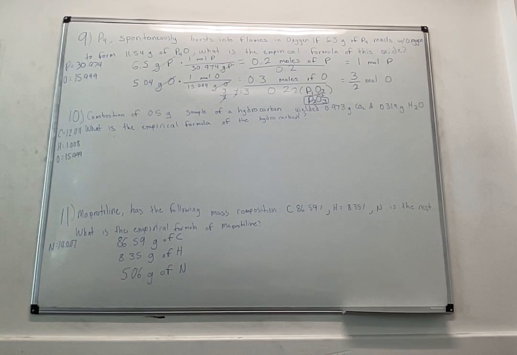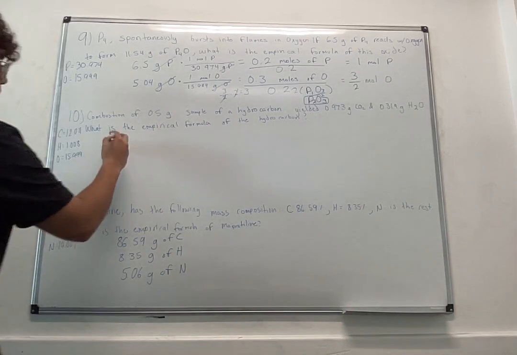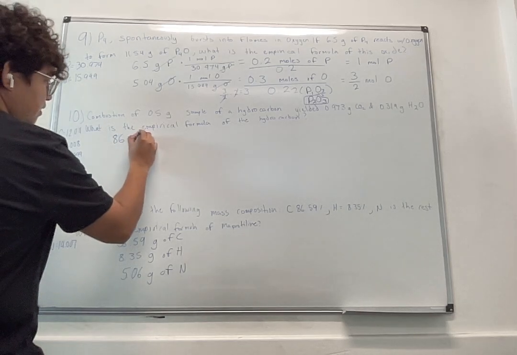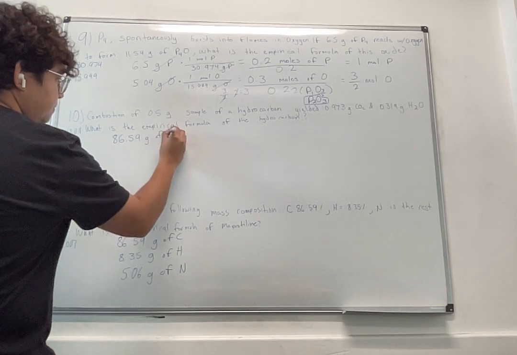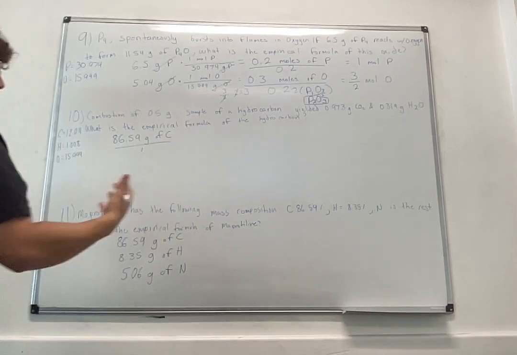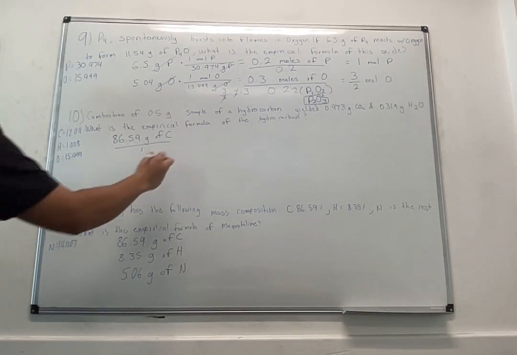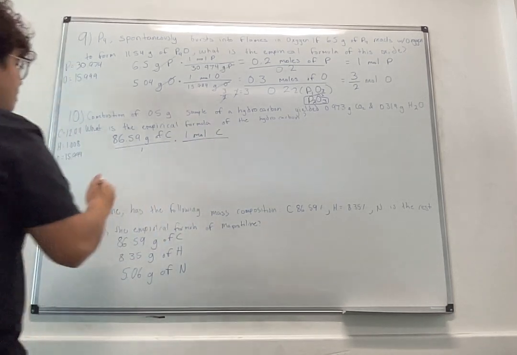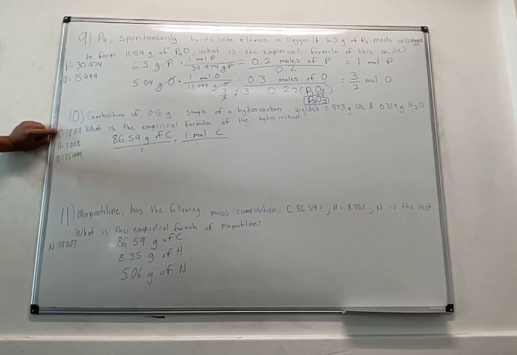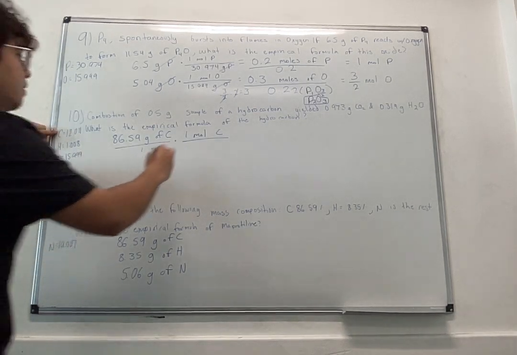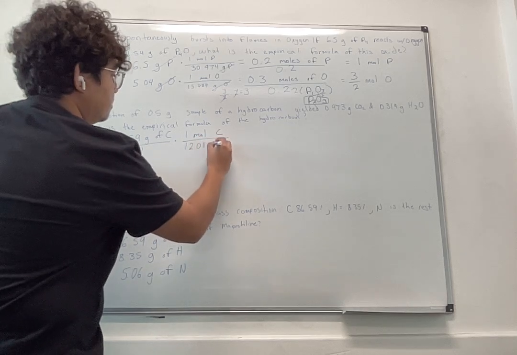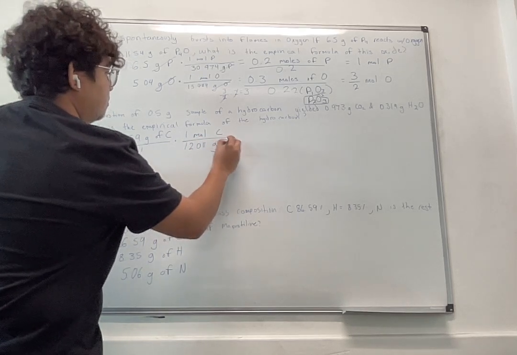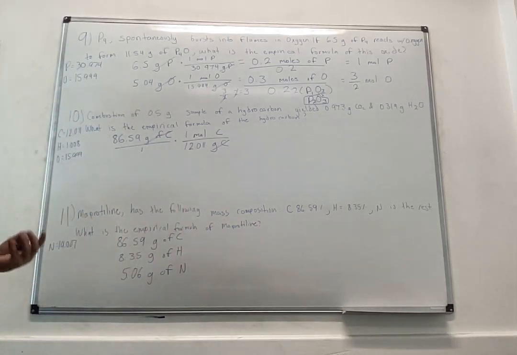What we do is the same stuff we've been doing. If we start off with 86.59 grams of carbon, we want to turn this into moles. For every mole of carbon over the mass of carbon, which is 12.011, we can cancel these out, and now we have the moles.